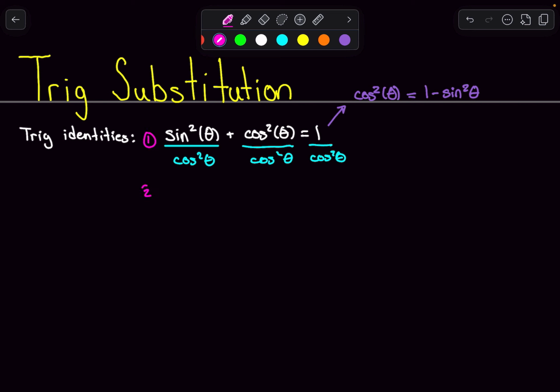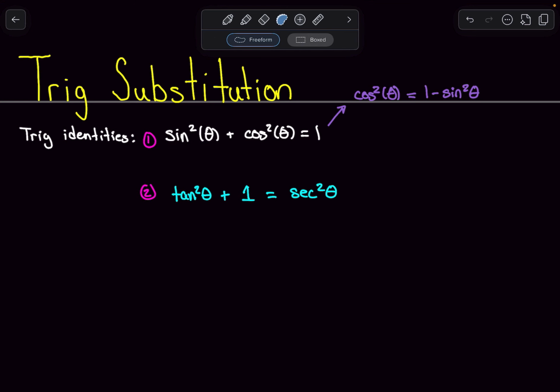We're going to get the second one that we're going to want to have in our back pocket, which is tangent squared theta plus 1 is equal to 1 over cosine squared, which is more famously known as secant squared of theta.